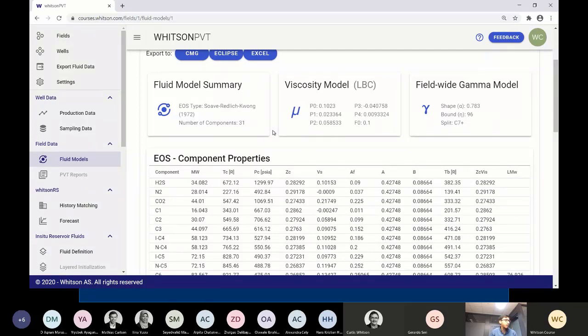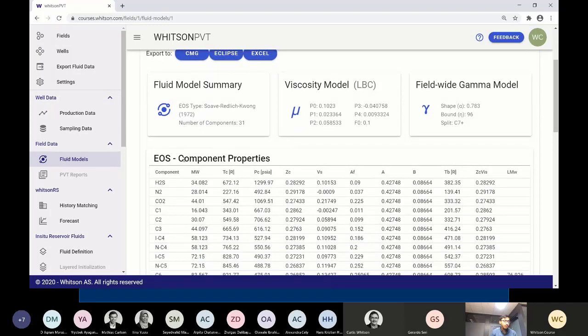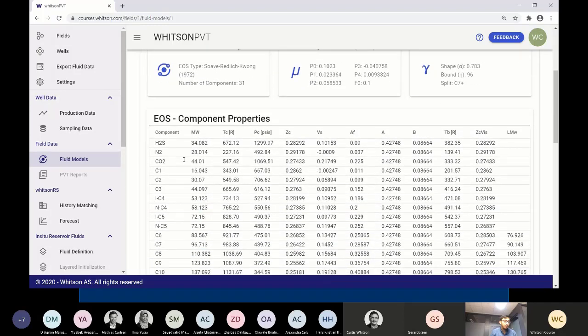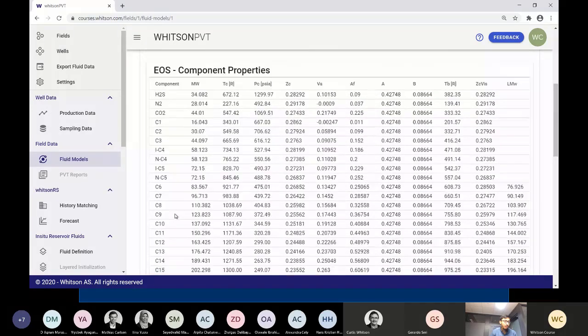If you look at the top of the screen, you see the fluid model summary. That's just the name of the equation of state model we will be developing, an SRK EOS. Then we have the total number of components here, 31. The EOS model will have the heaviest fraction C26 plus, which is the heaviest fraction in the lab reported data.